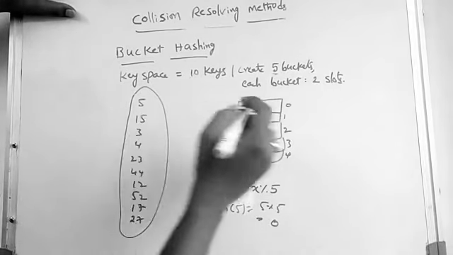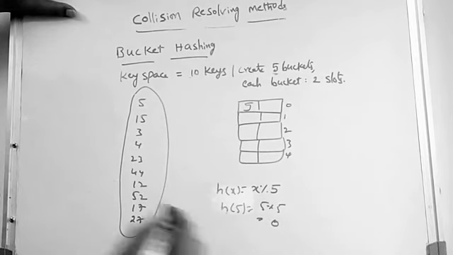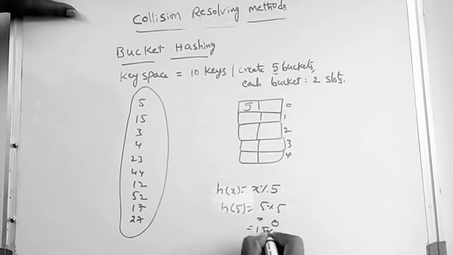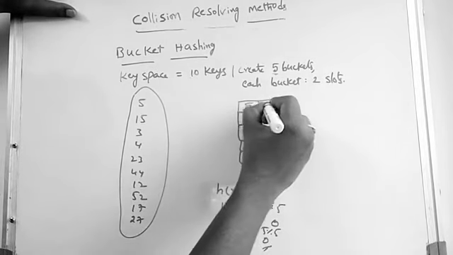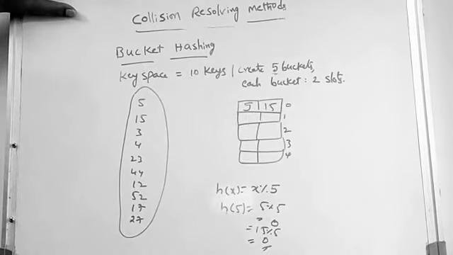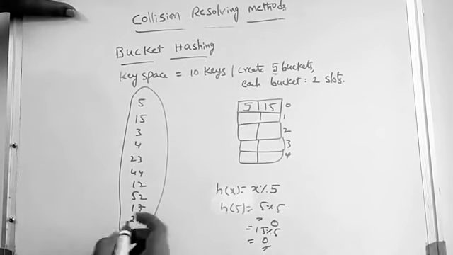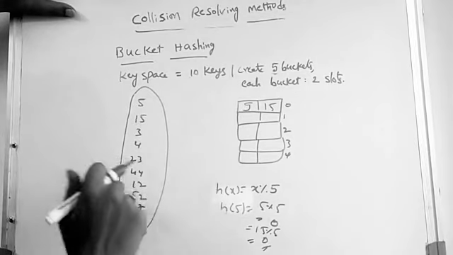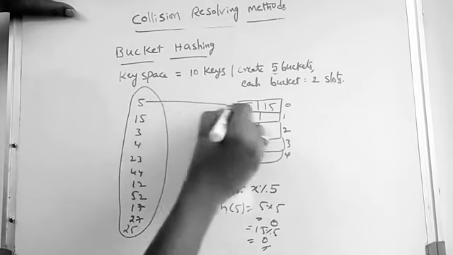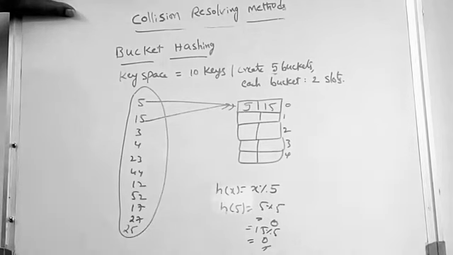Next 15, again what is the remainder? 15 mod 5, remainder is again 0. So 15 is stored in the second slot of the same index. So 5 and 15 are located at the same index with the two slots.